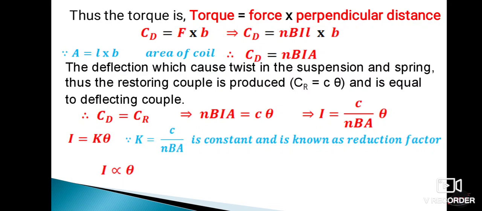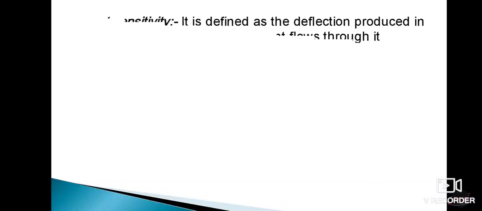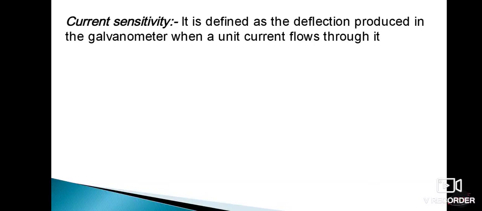Therefore, we can say I is directly proportional to theta, means the current through the coil is directly proportional to the deflection in the coil. So how much current is flowing, that much deflection we are getting. Therefore, theta is the measure of the current through the coil. Then we can define one more definition, that is current sensitivity.